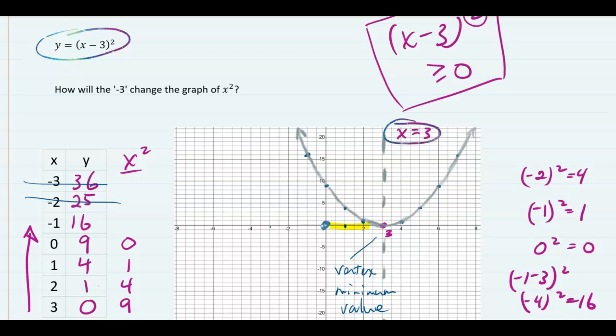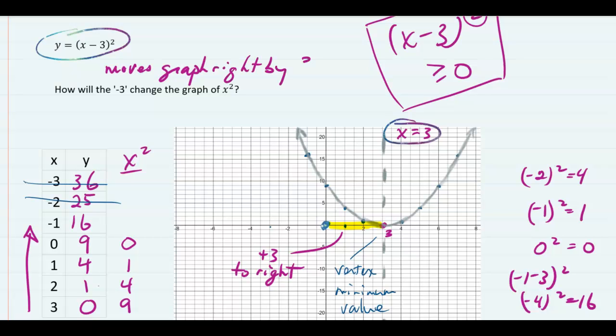It moved this way. And that distance was plus 3 to the right. That's what that minus 3 did. X minus 3 moves the graph right by 3. And that's known as a transformation.